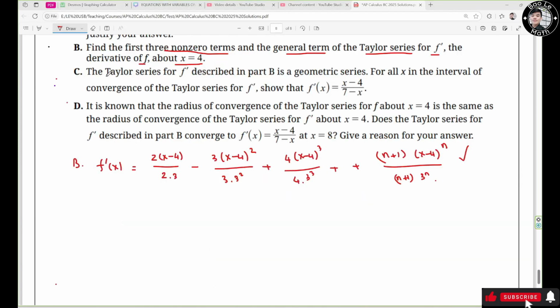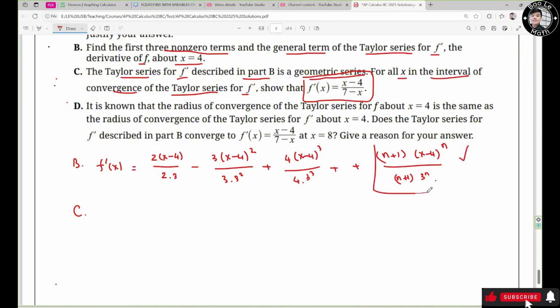Now, question C. The Taylor series for f prime described in part B is a geometric series. For all s in the interval of convergence of the Taylor series for f prime, show that f prime of s equals (s minus 4) over (7 minus s). So, in part C, we just took the derivative of the function f.